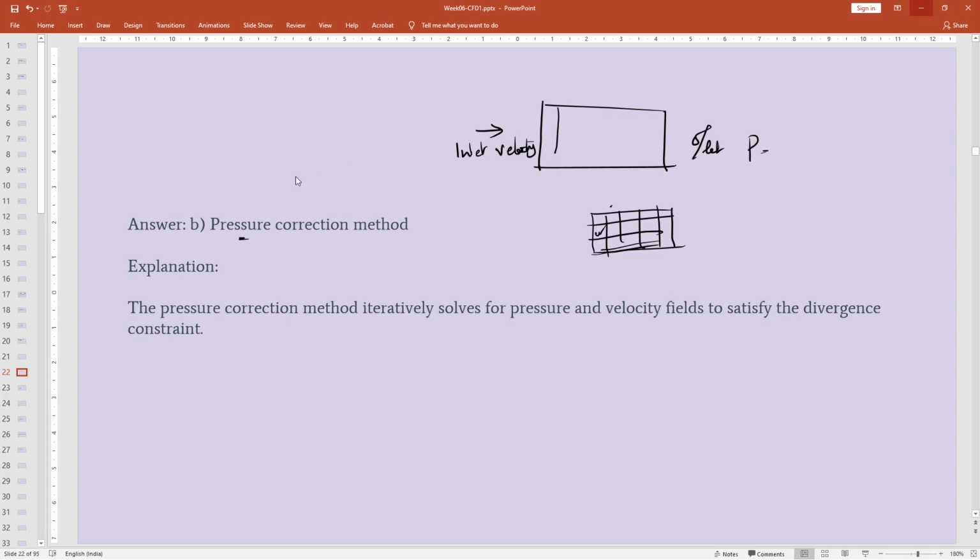So the answer for the current question is the pressure correction method, because we will be needing two meshes, one for the velocity field and one for the pressure field, and these pressure and velocity will be coupled through some equations.